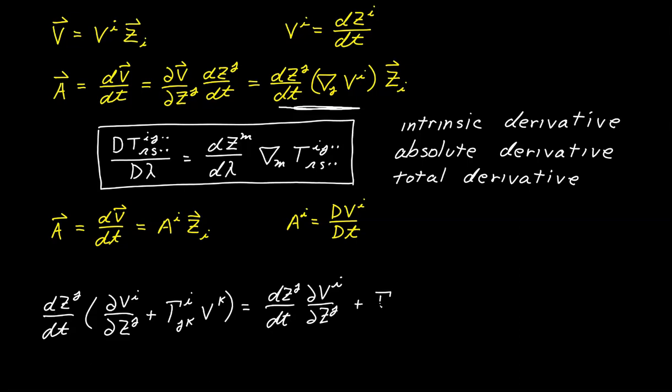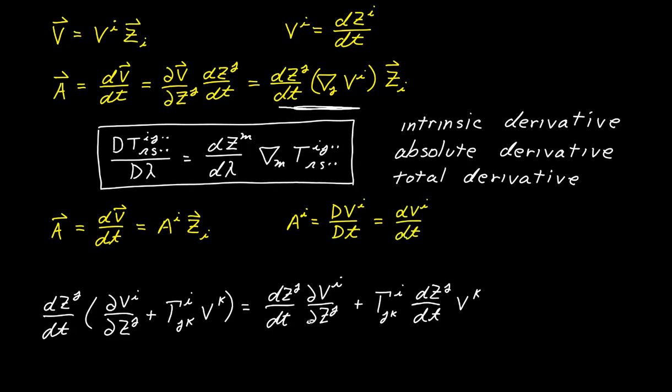It will be Gamma^i_jk times the derivative of z^j with respect to time and v^k. All right, well, the fact is these first two factors here, these together are the chain rule that when combined together just give us dv/dt. So we can replace this first term with just dv^i/dt.